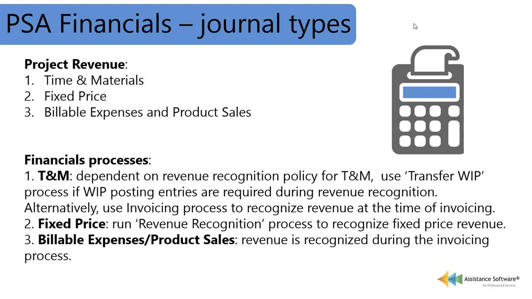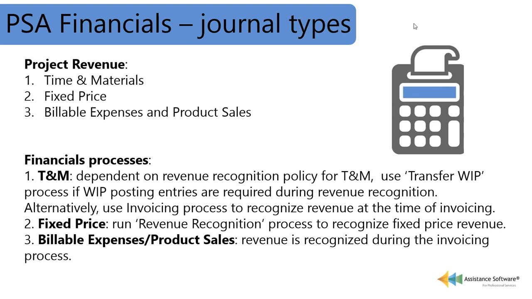It's at that time you want to match the costs with the revenue that's been earned by those costs. So there is a setting, we'll take a look in a few minutes, that allows you to generate T&M revenue automatically when the corresponding labor costs are created into the financial transactions database.